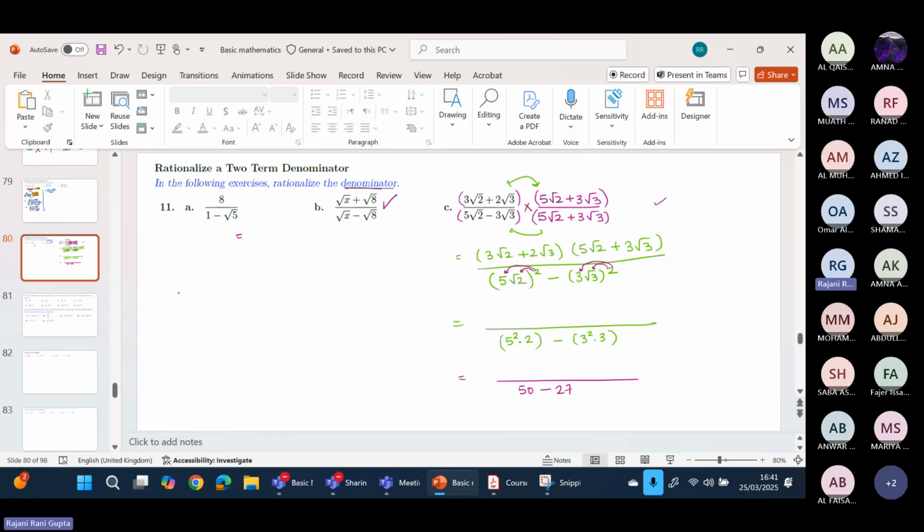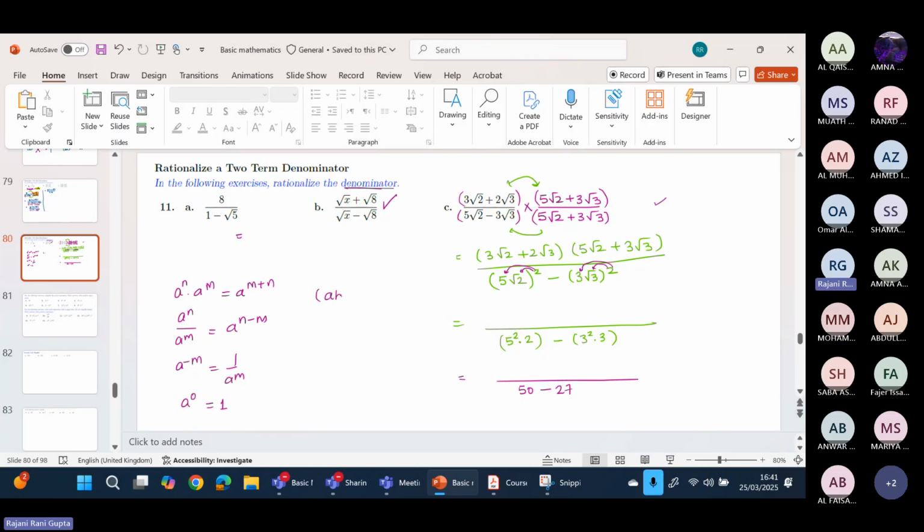Just remember the rules of exponent. If you have a power n, a power m, this is a power m plus n. A power n divide a power m, so n minus m division. You have the negative power, you write it as this. Any number power 0 gives you 1.